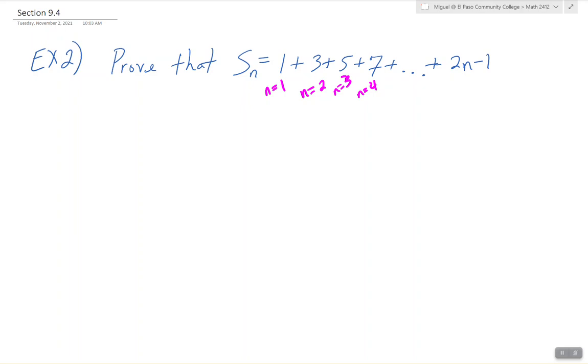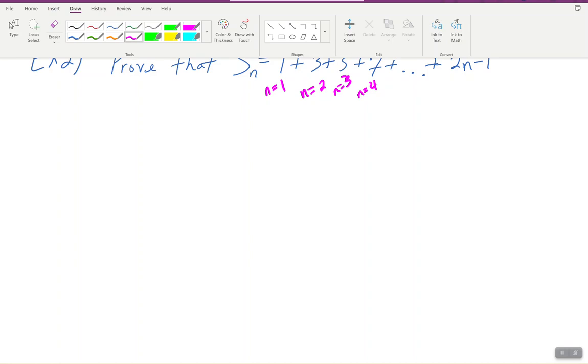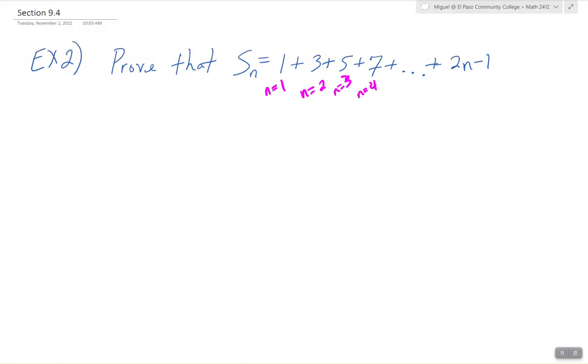So what they're saying here is this sum, no matter where I stop, is the same as taking n, the number of terms you have, and squaring it. For example, let's say I go up to 7.